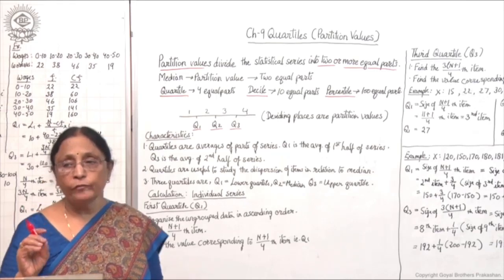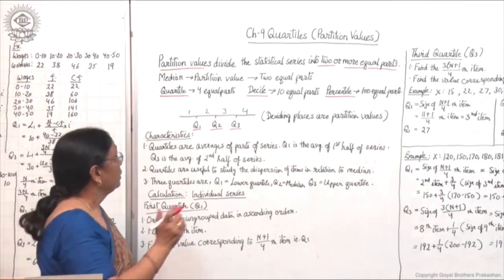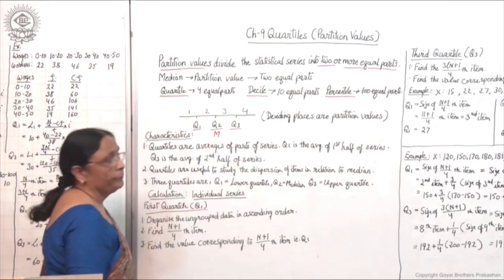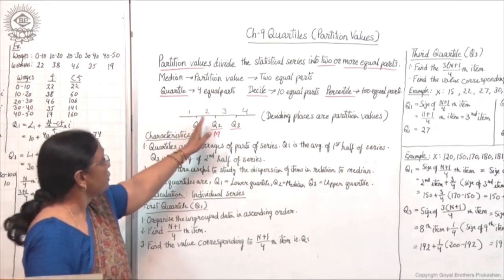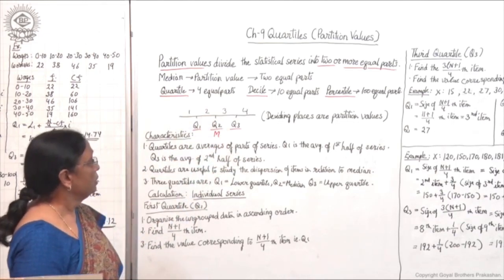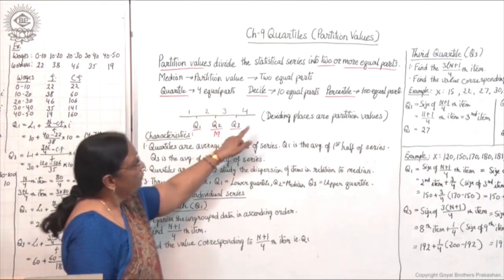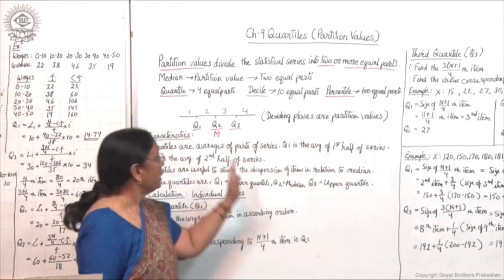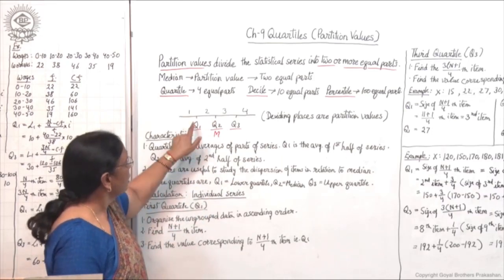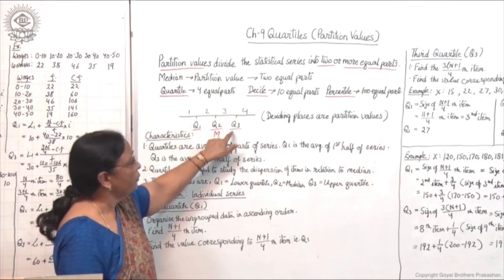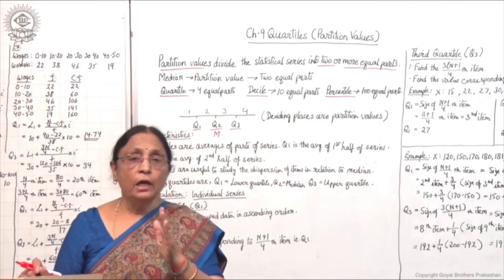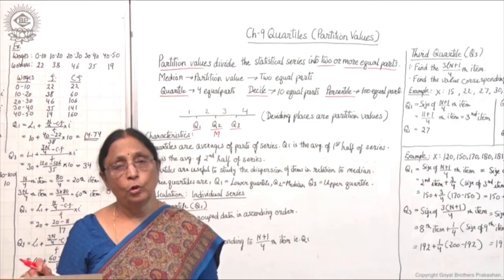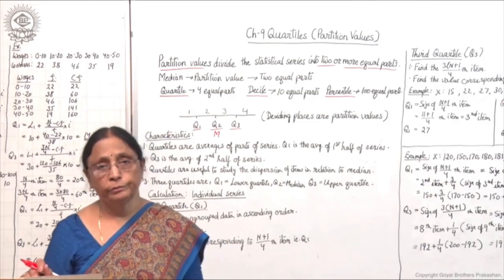That means 3 cuts, and Q2 is the same as median because it divides the series into 2 parts. Dividing places are called partition values, and here the dividing places are Q1, Q2 and Q3. These are known as quartiles or partition values.